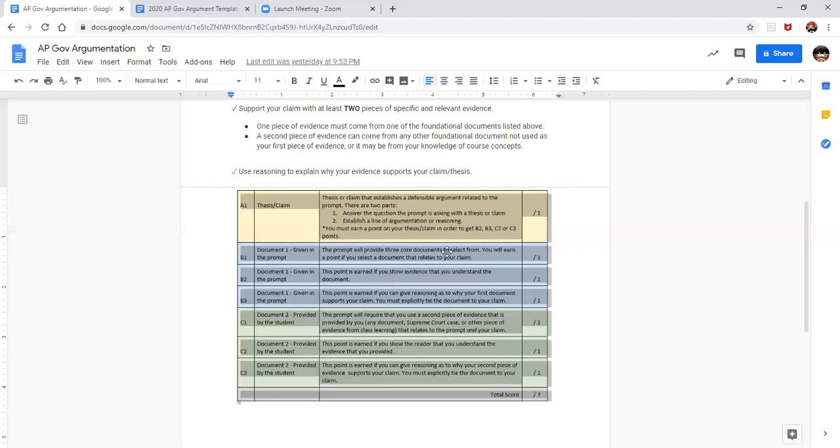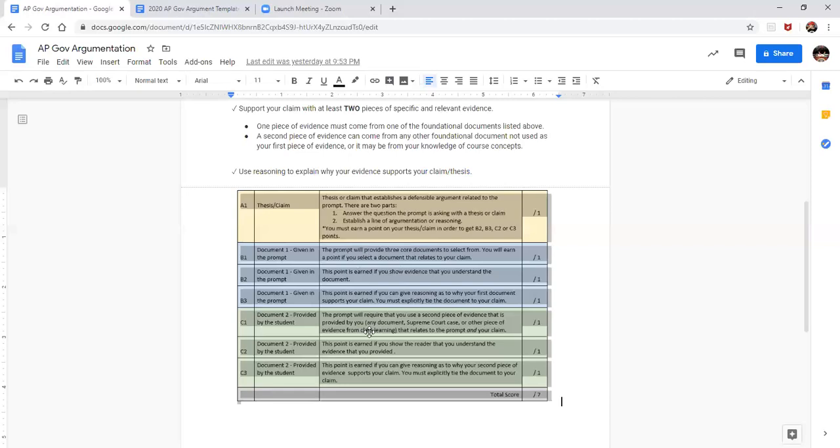So let's say I'm using the First Amendment. You're going to explain what the First Amendment is. And then lastly, in B3, you're going to explain how your B1 and B2 points relate to your thesis. In this example, how does the First Amendment relate to your thesis?